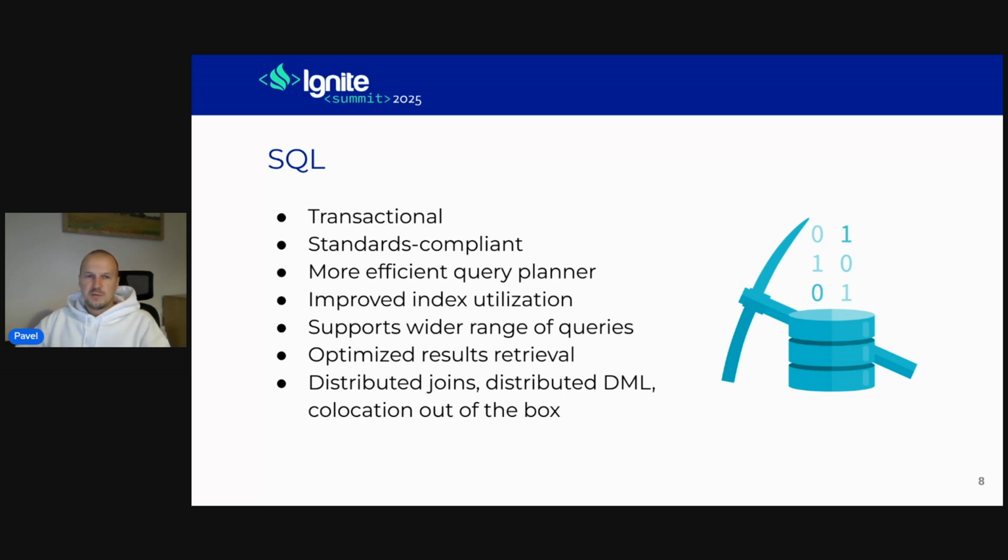In Ignite 2, you might remember lazy mode, which affected how we pull data from different nodes for a query. Now you don't have to worry about this. There are no custom flags. You just run your query and we will pull the data in the most efficient way possible. The same goes for distributed joins, distributed DML, and collocation, which come out of the box with no flags required.